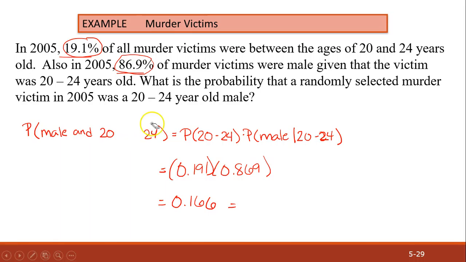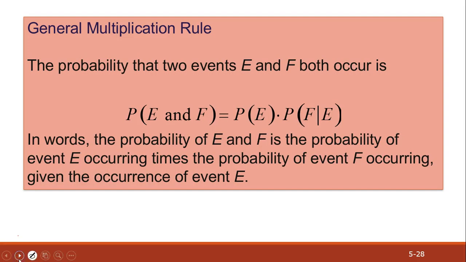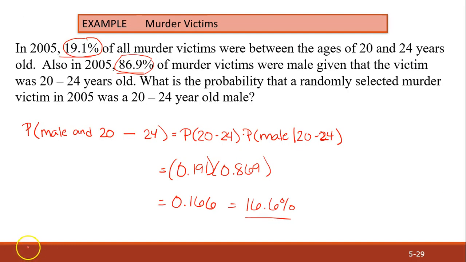Sorry, I didn't mean to write "and" again. So that is equal to 16.6%, which is the same number that we were given in the previous example. If we go back and look at it, see? The probability that they're male and ages 20 to 24 was 16.6%, which is the amount that we should have arrived at in this example if we were doing everything correctly, which we did.